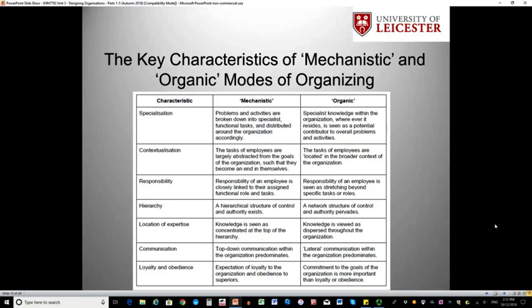The other dominant mode of organising that Burns and Stalker found through their research was what they termed an organic mode, and this is in stark contrast to the mechanistic mode. So in the organic mode, what you see is employees not only focus on their own task, but they recognise that to do their job well, they need to be able to locate their task in the broader goals of the organisation.